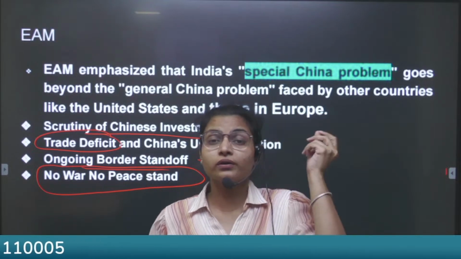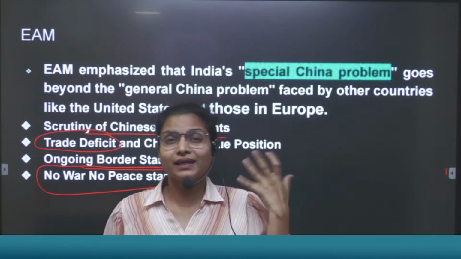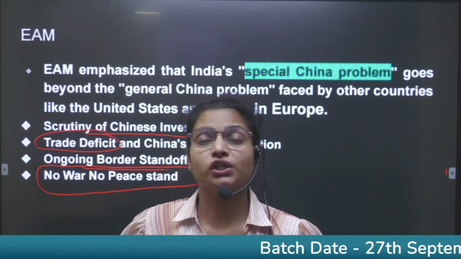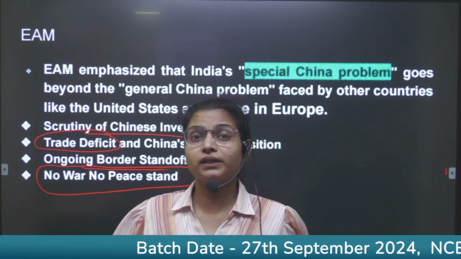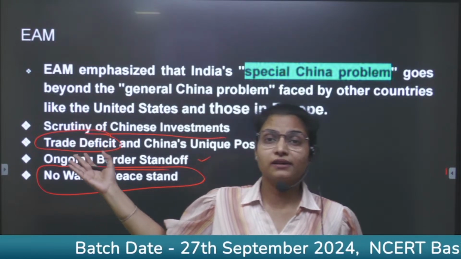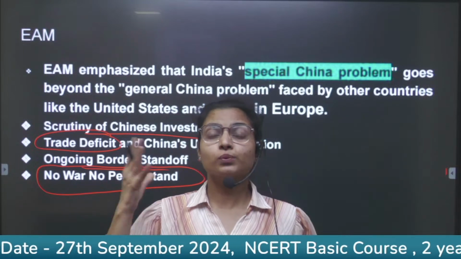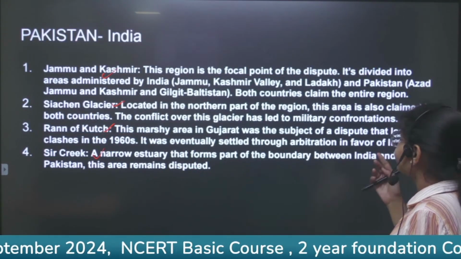Just don't write about the border issues, which you can show on the map, like Depsang and Demchok, the Galwan Valley issue, Siachen area, Arunachal Pradesh, but then write about the other dimensions as well, like the trade deficit and debt trap diplomacy, the problems created with the neighborhood. This way you can broaden your dimension.